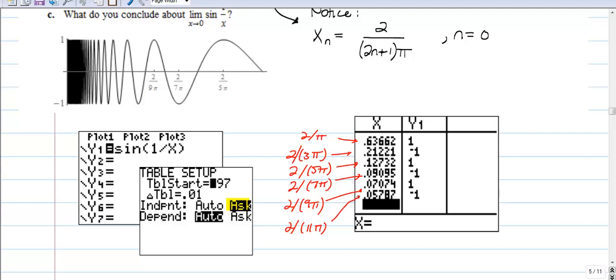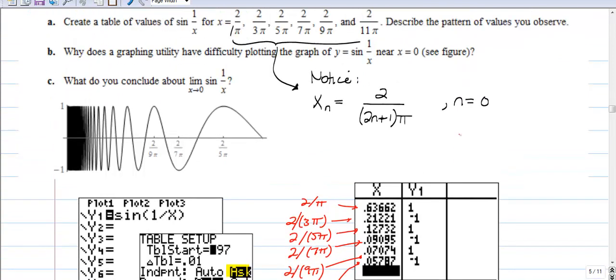It's kind of sloppy. But anyways, they alternate between 1 and negative 1. And so the next question is, why does the graphing utility have difficulty plotting the graph near 0?